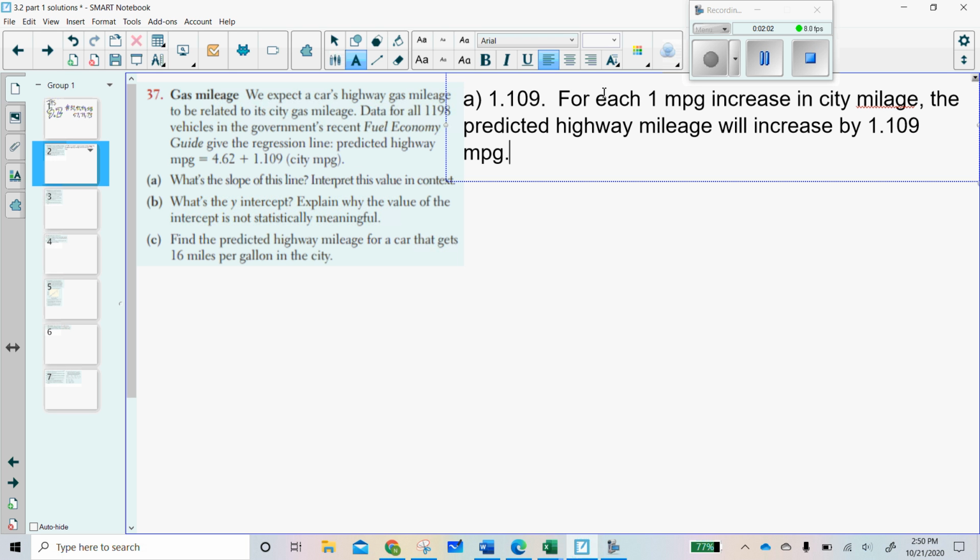So it's always, for each additional whatever the explanatory variable is, the predicted whatever the response variable is will increase by the slope.